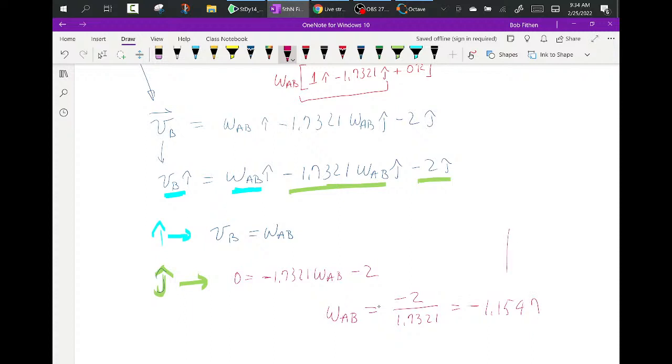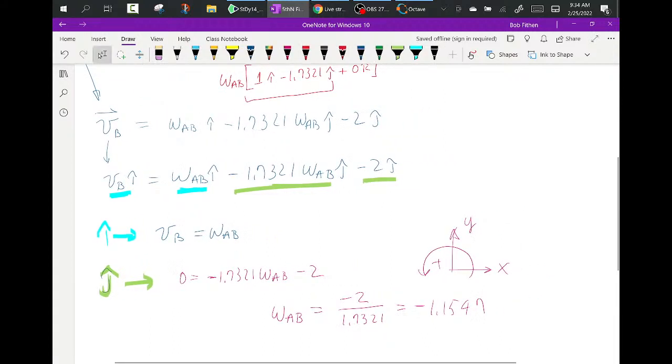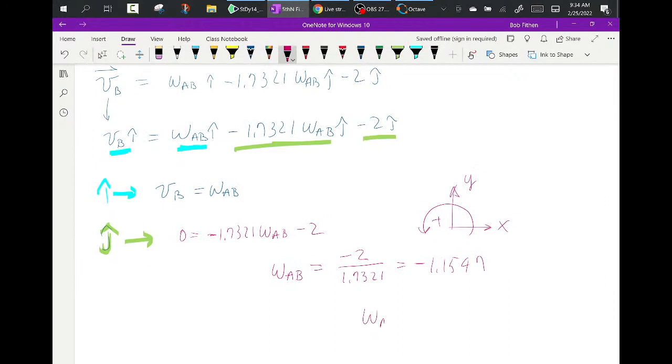Minus, meaning, looks a little uneasy right now. This is positive, so this means that omega AB is equal to 1.1547 going the other way.